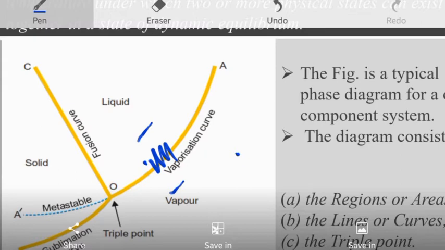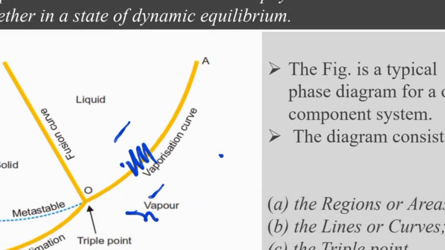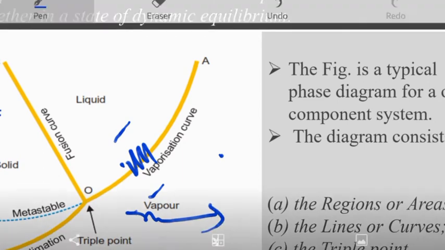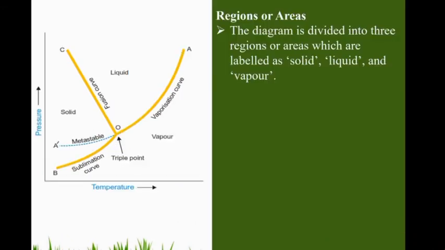The third characteristic of this phase diagram is a point where the boundaries of three phases meet. A triple point is a point where three phase boundaries meet on a phase diagram.